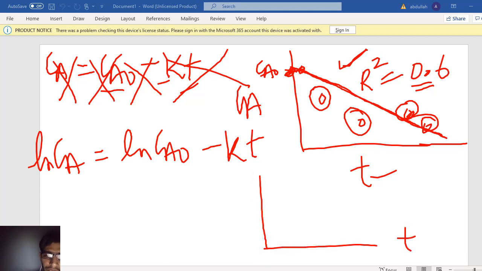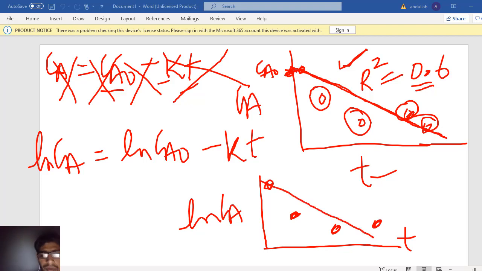Suppose this is the time and this is ln CA, and these were our experimental points. In this case, we will draw a straight line through these experimental points.